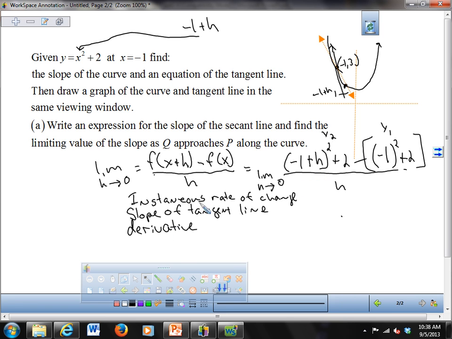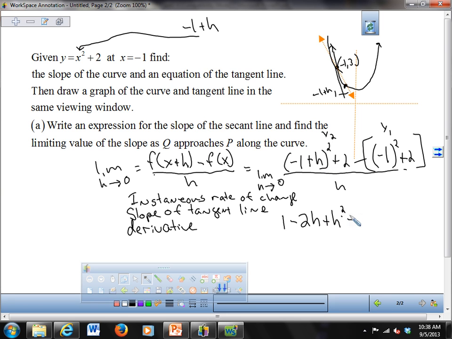When I do the math, you learned this already. Did you learn this already? Some of you did. So I'm going to go (negative 1 plus h) squared. If I do the algebra there, I get negative 1 times negative 1, which is 1. I get negative 1 times h twice, which is minus 2h. I get h times h, which is h squared.